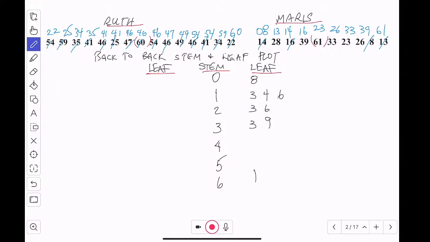All right, so 0, there's nothing there. 1, nothing there. The data begins at 22. It's 22, 25, 34, 35, 41, 41, 46, 46, 47, 49. So that's obviously the most popular group.